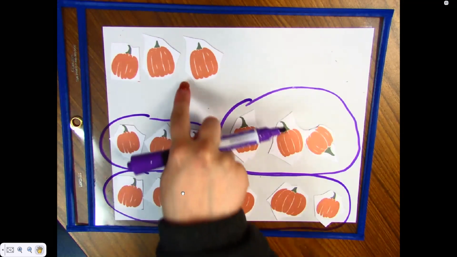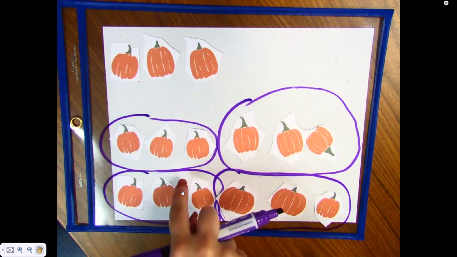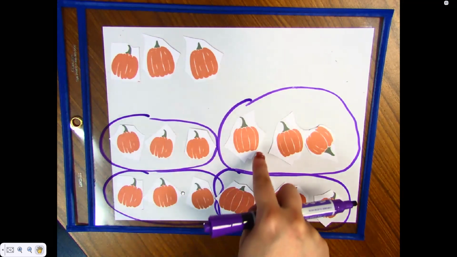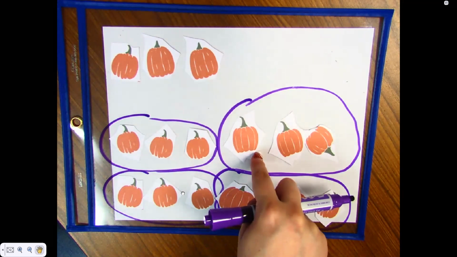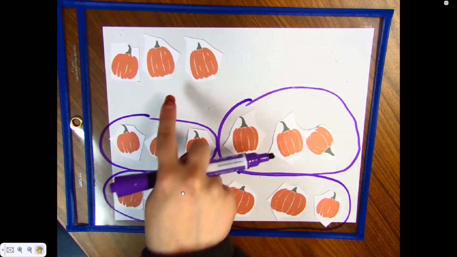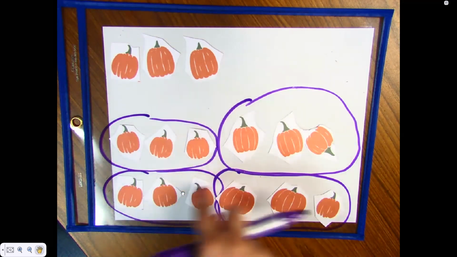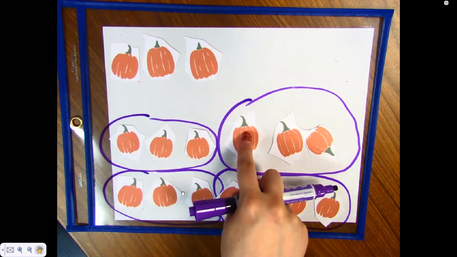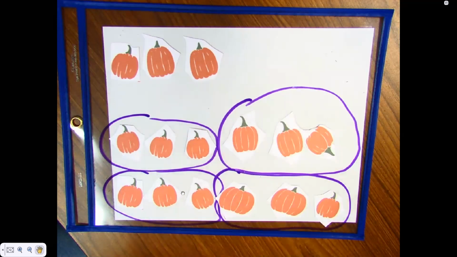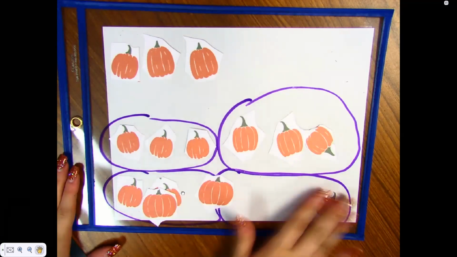So if I have 3, Miss Morrow has 4 times as many pumpkins as I do, as Miss Chandler. So I have 3. She has 4 times as many as me. Okay, are you listening to that word? Times as many, times as much.